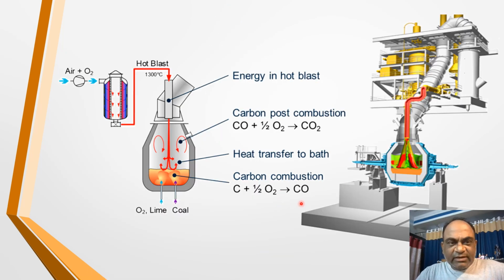Here you can see the basic oxygen furnace has been shown, and air plus oxygen is put into the basic oxygen furnace through a lance, and that blows the hot metal. Because of this blowing, the temperature increases and the carbon is burnt, and carbon monoxide and carbon dioxide are produced, as you can see here.